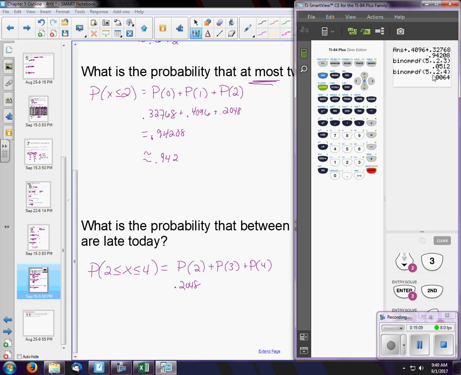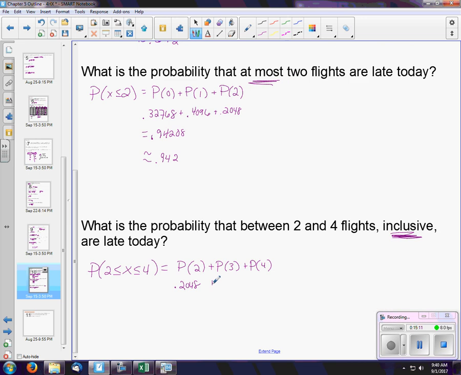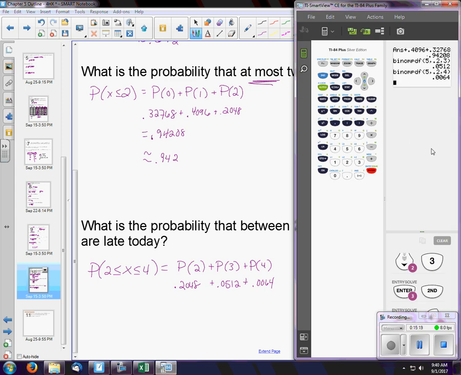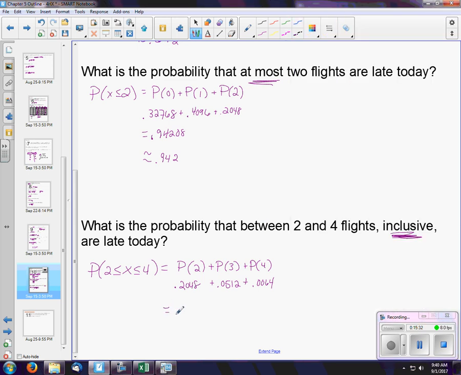So we have 0.0512 and 0.0064. Add those three things together. And that gives us 0.2624. If you chose to round, that is 0.262.